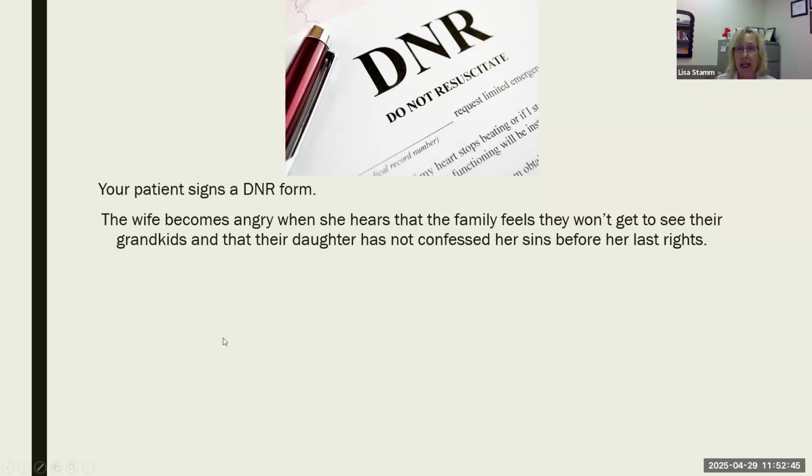So the wife becomes angry when she finds out the family feels that they won't get to see their grandkids, and that their daughter has not confessed her sins before her last rites. So again, lots of family dynamics. How might you as the nurse help to diffuse this situation?